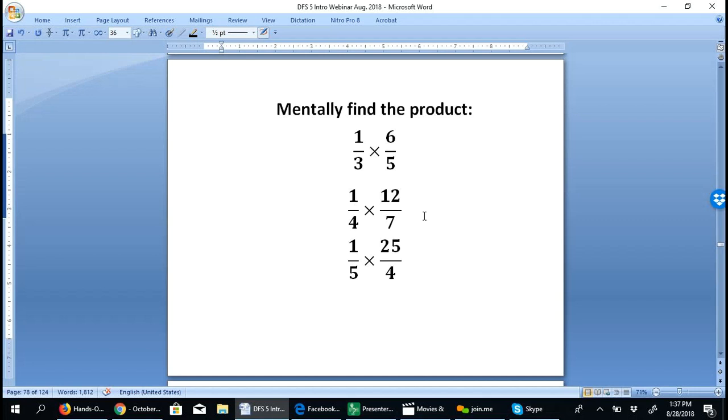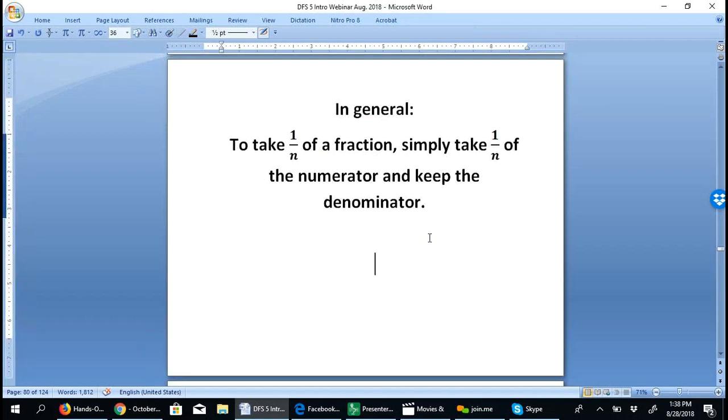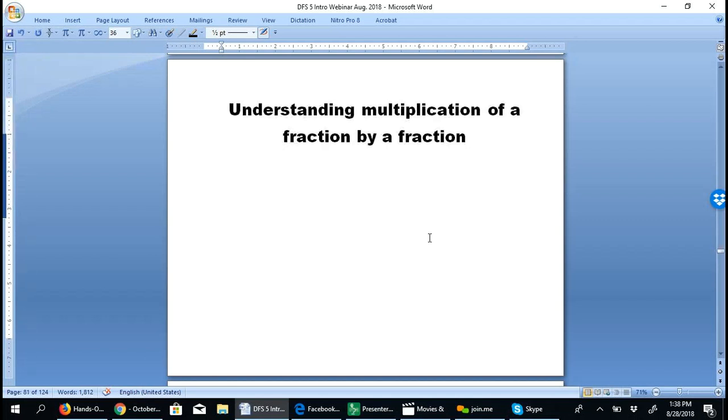A fourth of 12/7 would be 3/7. Good. Great. What's a fifth of 25/4? 5/4. Okay, good. Excellent. So in general, for a fraction, we simply take 1/n of the numerator and keep the denominator.